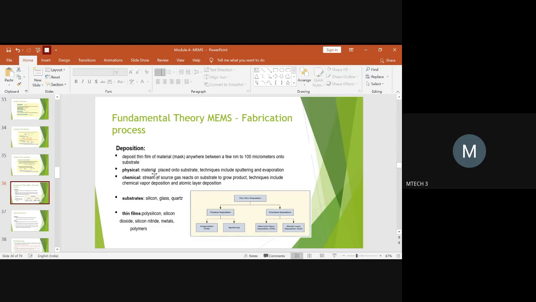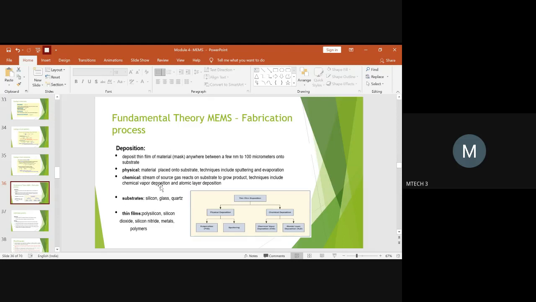Apart from that, the chemical aspect also comes into the picture. So you have a substrate and you apply a layer of thin film. How does it get fixed on the substrate? You should have some chemical reaction going on, right? For that, we need to use some techniques. It could be CVD, as we call it in short form, and it is commonly known also. It is nothing but chemical vapor deposition.